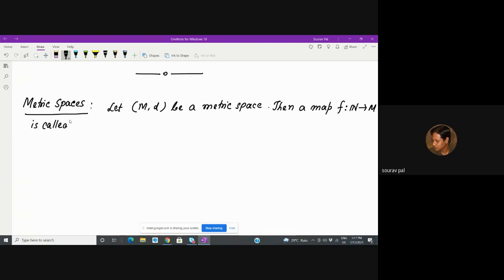You all know this. So it's called a sequence in M. We denote it, as I said, by the range set.